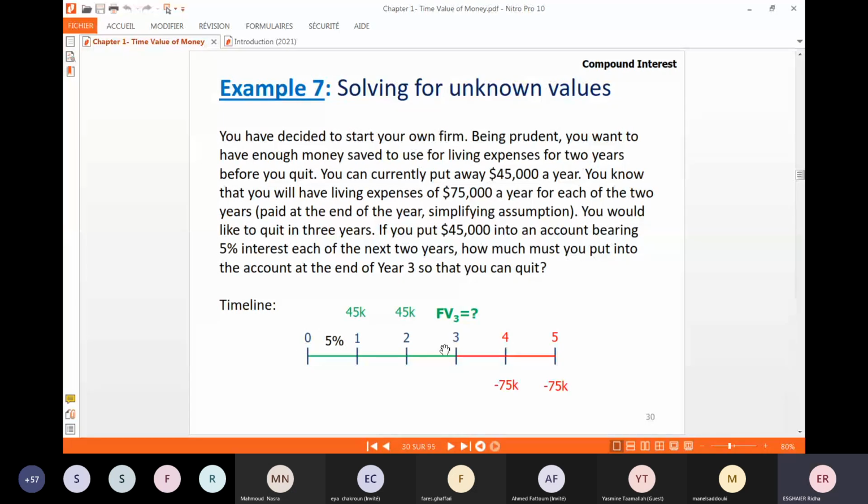If we didn't check this course of finance or time value of money, some students can simply make 45 plus 45 plus x must equal 75 plus 75. Here we ignored the time value of money.